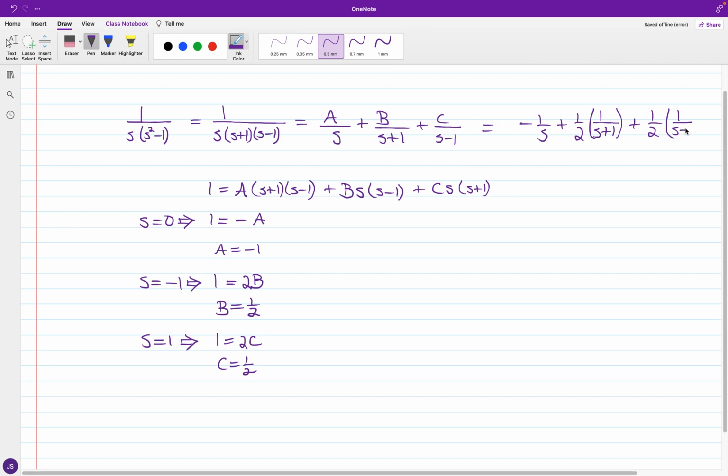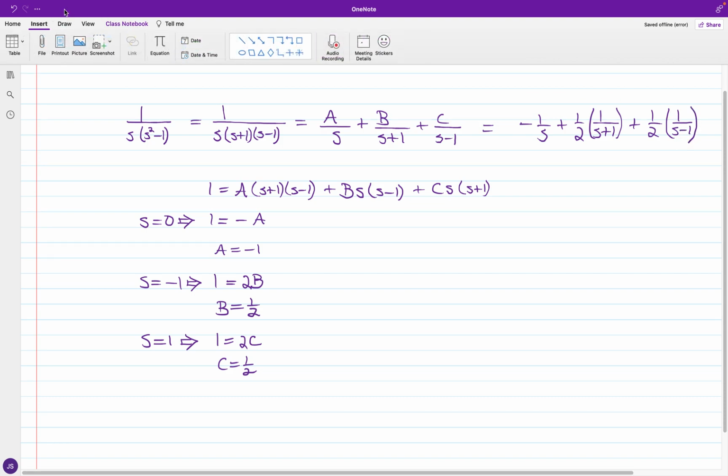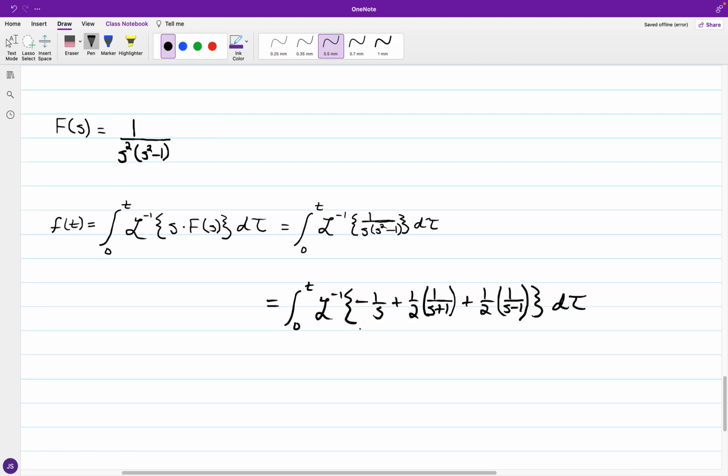Carrying over to the determination of the inverse Laplace transform, I have to take the inverse Laplace transform of each of these partial fractions. For the negative of 1 over s, the inverse Laplace transform of 1 over s is 1, but since I have the negative sign, we have negative 1.